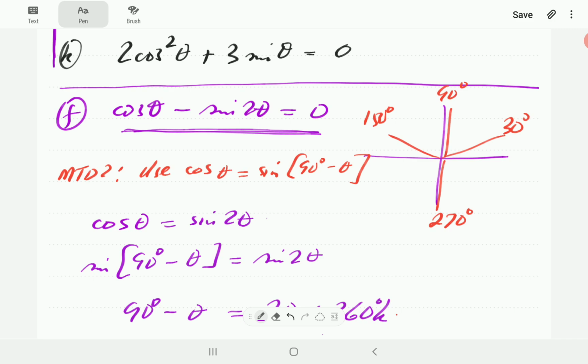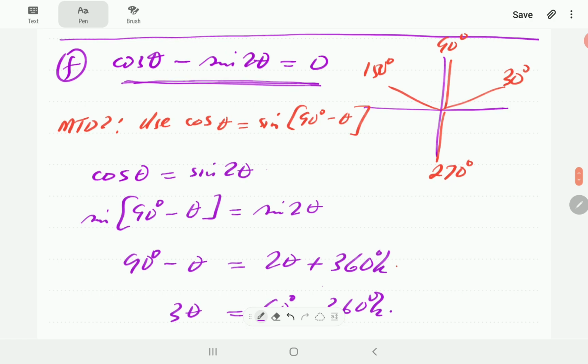Using method 1, we found that the solutions are 30, 90, 150 and 270 with their coterminal relatives.